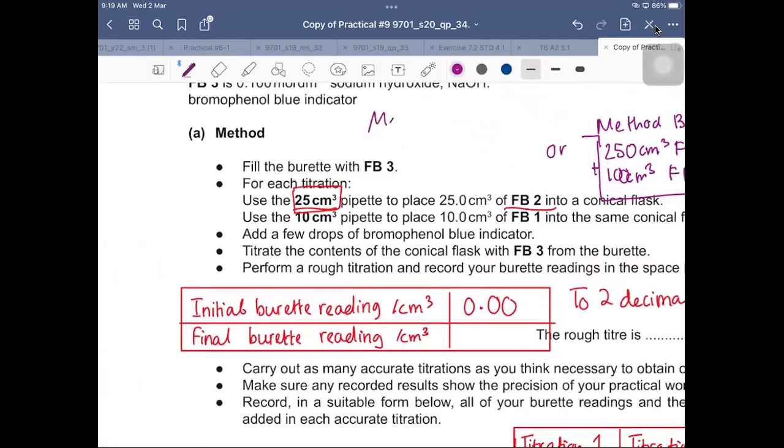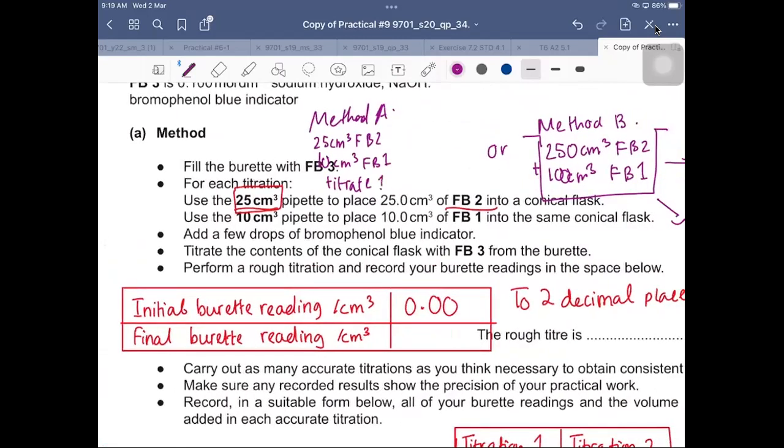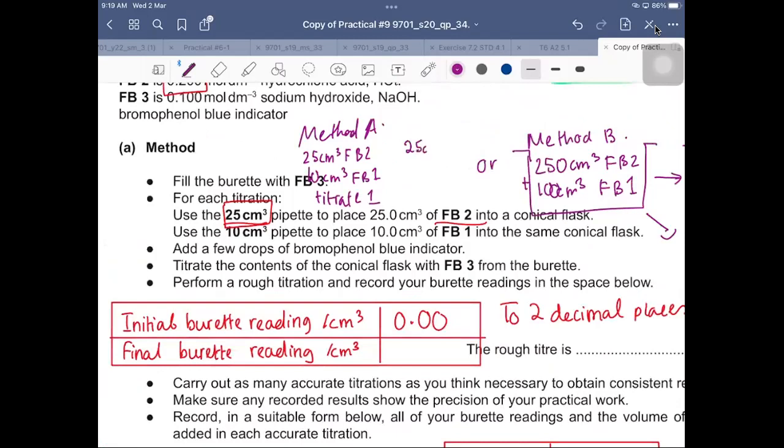Whereas method A, I use 25 cm³ of Fp2, 10 cm³ of Fp1, and then I titrate. Titration 1. Titration 2, I take a new fresh sample of 25 cm³ of Fp2, and then 10 cm³ of Fp1, and then I do titration number 2.